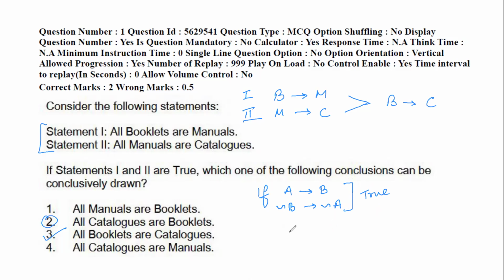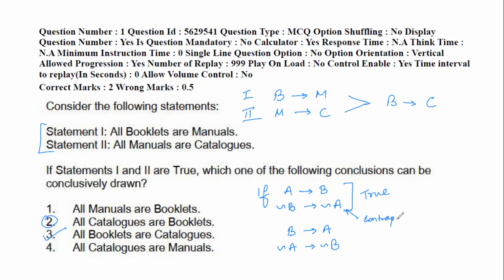And the other one is that if A implies B, and we have B implies A, then we have not A implies not B. This is called the contrapositive.